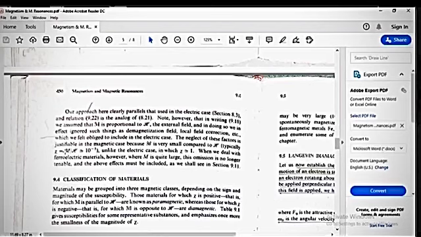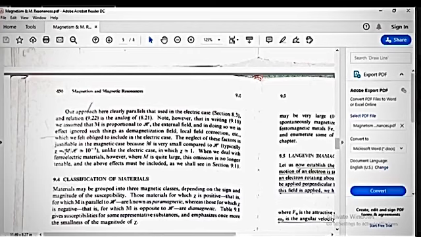Okay, now let us classify our materials with reference to magnetism. Materials may be grouped into 3 magnetic classes depending on the sign and magnitude of susceptibility.